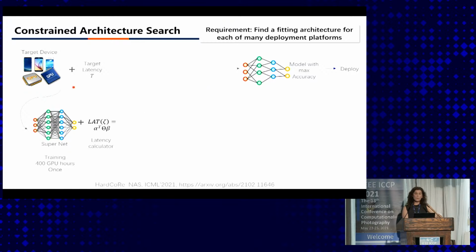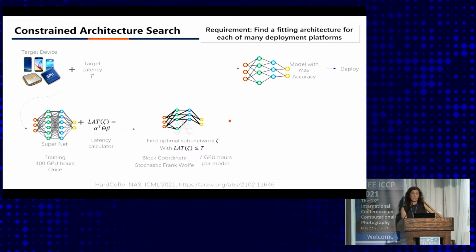So after you have your super network and you have a way to calculate the latency, then comes the optimization part, and this is where the cool mathematicians should have fun, and I encourage you to go read the paper, because if you want to extract a sub-architecture from the super network, you can do this by defining the objective function and optimizing it with a block coordinate stochastic Frank-Wolfe algorithm. Very elegant solution. And this whole thing takes just 7 GPU hours per model.